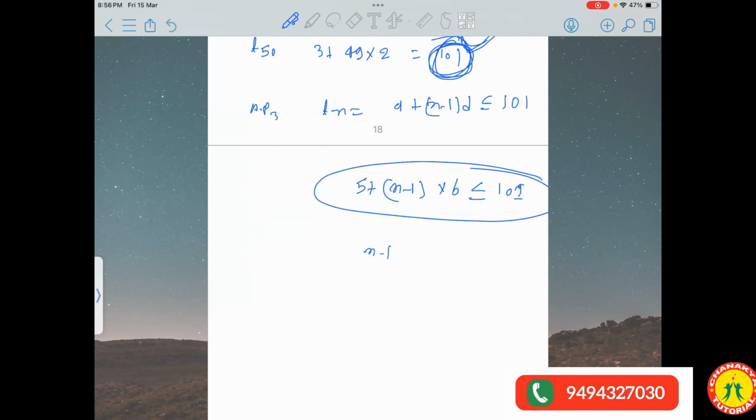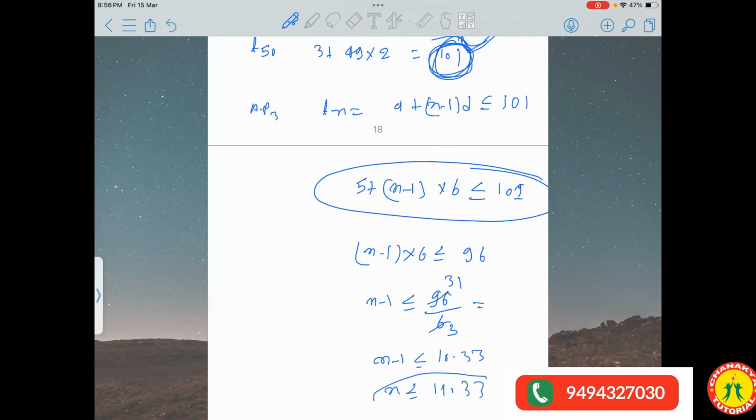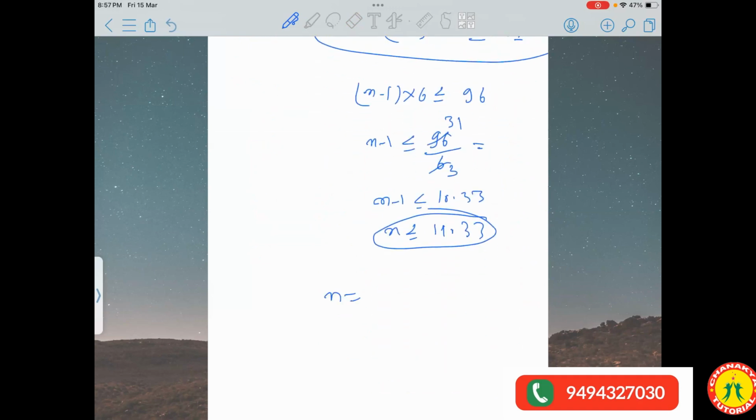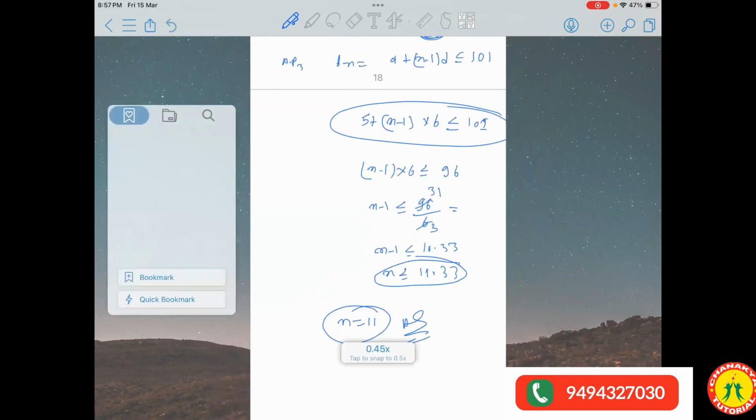So n minus 1 into 6 is less than or equal to 96, so n minus 1 is less than or equal to 96 by 6. So approximately n minus 1 is 10 point something, so n is less than or equal to 11.33. So n is an integer, so n is equal to 11 is the correct answer for this question, right?